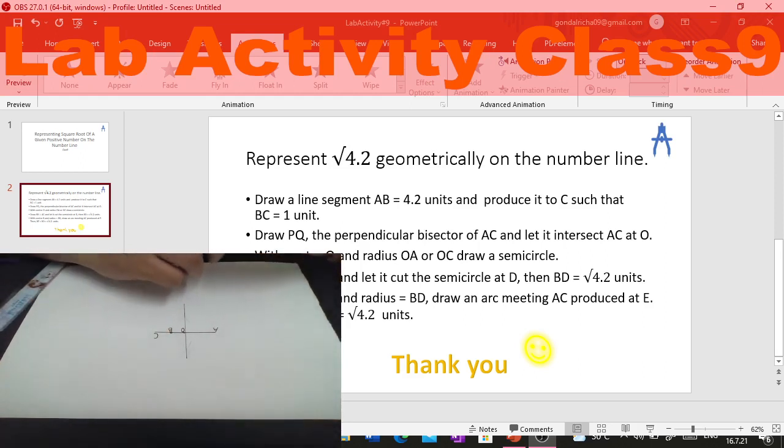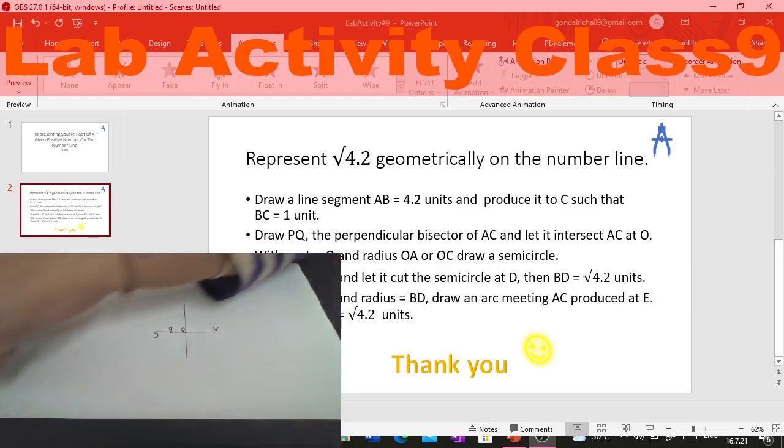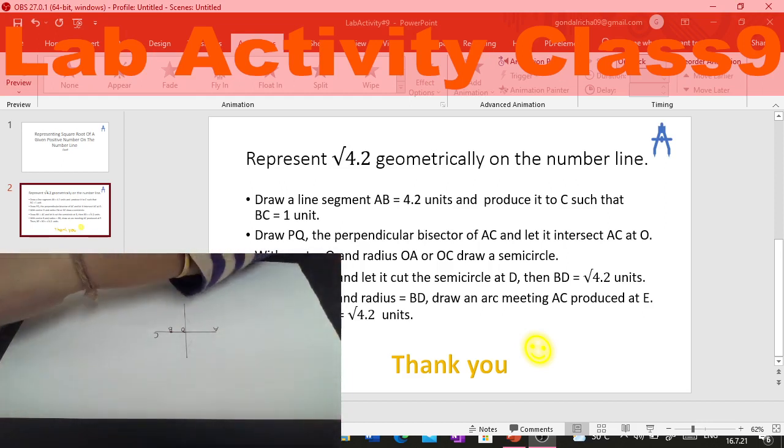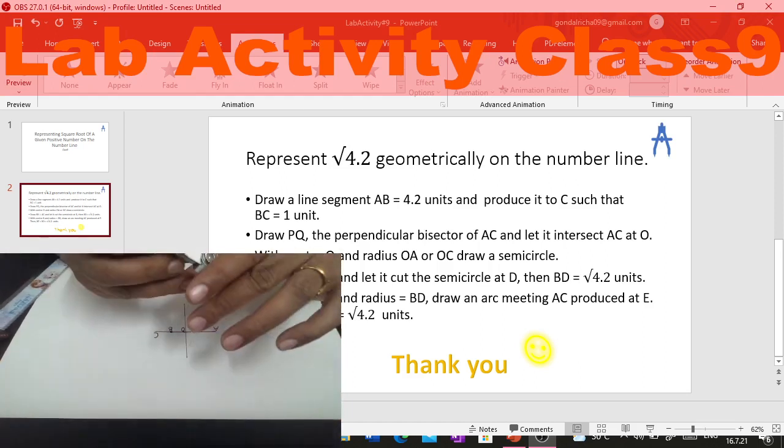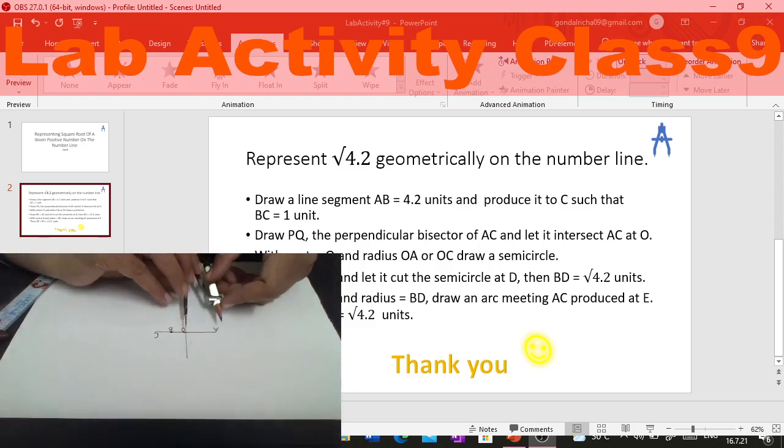We have to draw a semicircle. Now we have to draw a semicircle with O as center and OA as the radius. So let's take OA or OC as the radius.